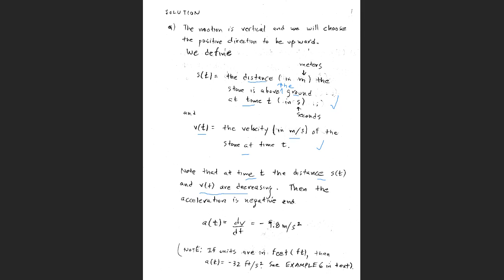I want to be careful on that statement. Since we're defining the positive direction to be upward and the negative direction to be downward, since the stone's going downward, the velocity is negative. It's the same kind of thing as when you studied particles. When the particle was moving to the right, in the positive direction, the velocity was positive. When the particle was moving to the left, in the negative direction, the velocity was negative. So it's that simple.